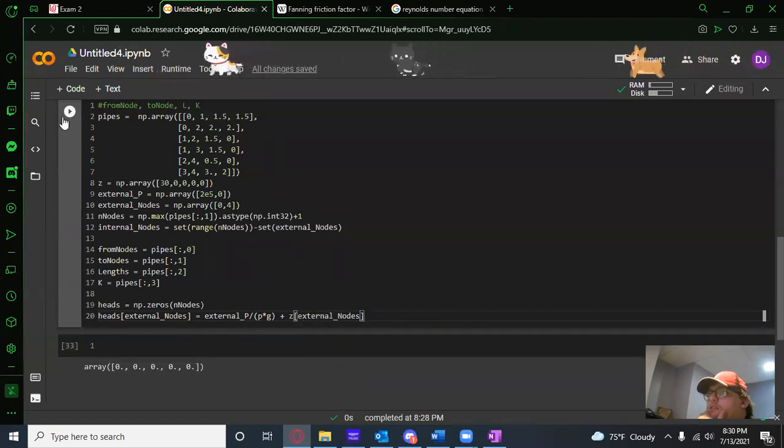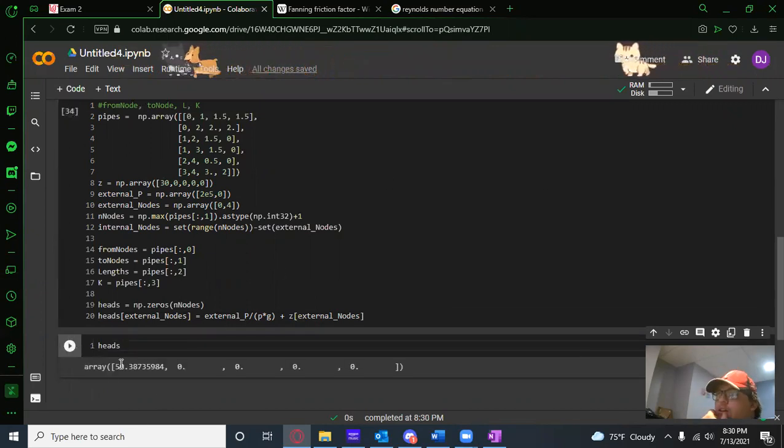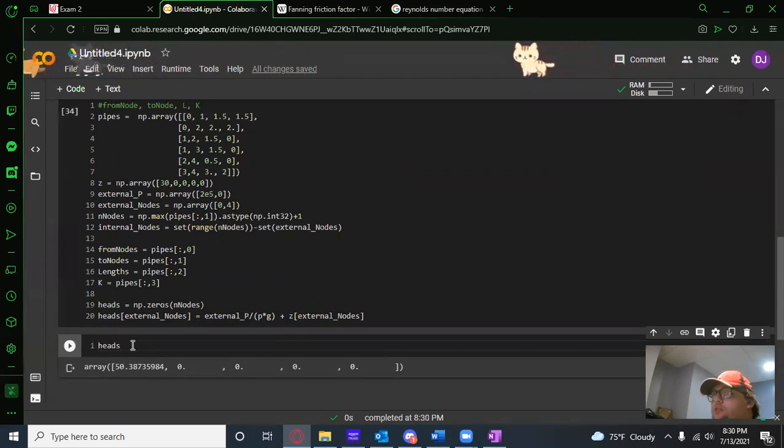So this will only take the 0 and the 4th index, so 30 and 0. So if we look at heads again, we get a head of 50.387 for our very first node, node 0, and a head of 0 for our final.